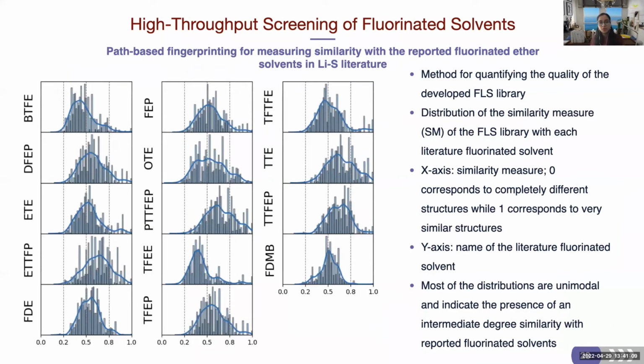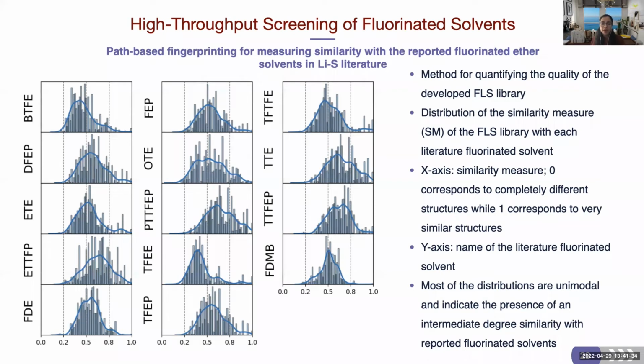But before we start populating our database with the properties of these new fluorinated solvents, it's important to assess the quality of the library that we are using, okay? And this is a critical step, especially if you're planning to use these results for any machine learning models, because we don't want our models to be biased toward a specific structure.